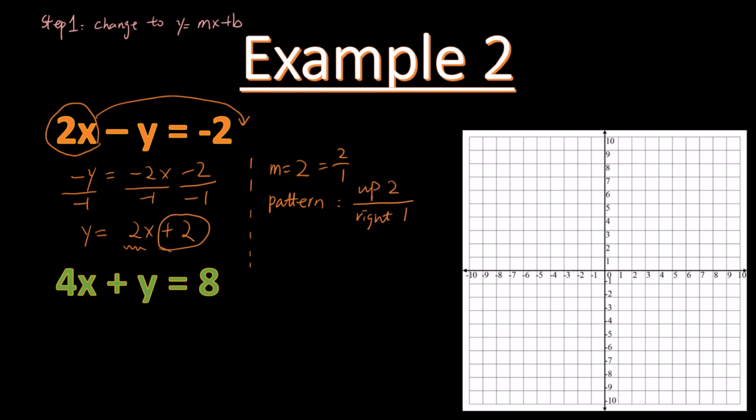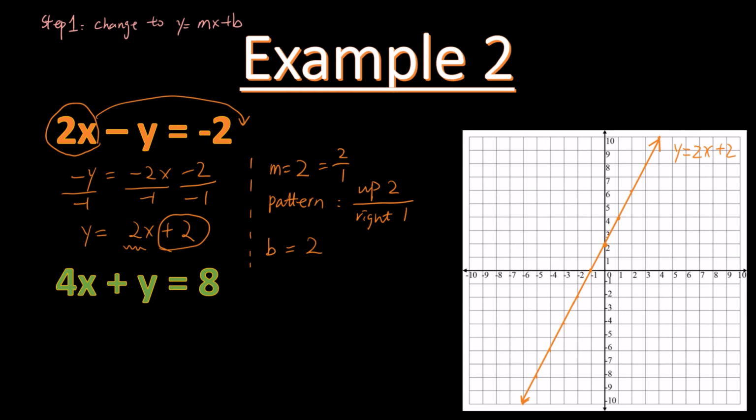Whatever after the x is the y-intercept, so b equals 2. Now we can graph this line. We start with the b. We find the 2 on the y-axis, and then follow the pattern up 2, right 1, up 2, right 1, up 2, right 1. Try to have as many points as you can, and connect these points and write the equation next to the line.